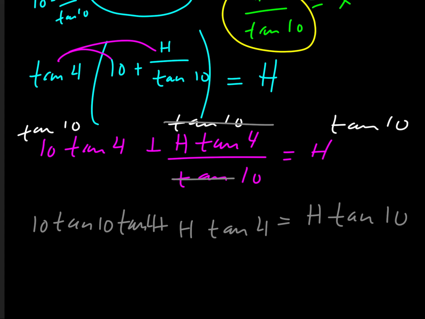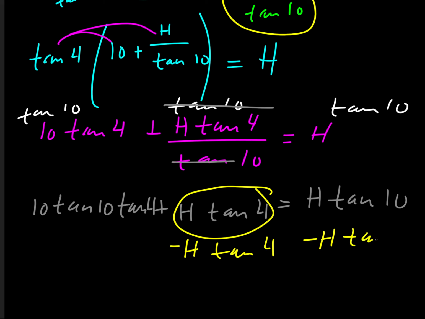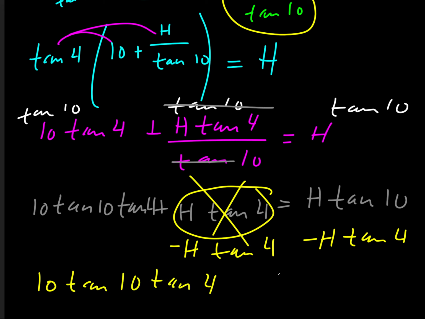Alright, so this is pretty messy, right? We need to get our h's on the same side. So this has an h in it, and this has one, so I'm going to subtract this one. Okay, those cancel. We have 10 tan 10 tan 4 equal to h tan 10 minus h tan 4.